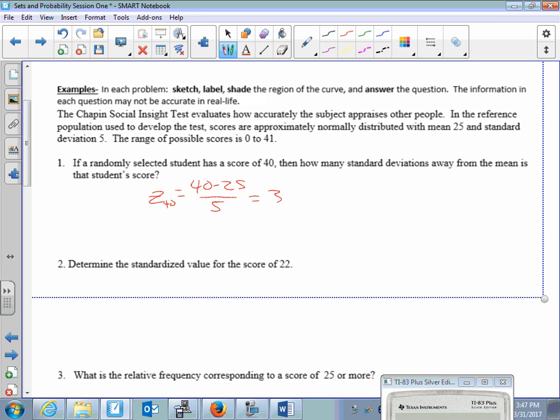So a score of 40 would be 3 standard deviations above the mean. Determine the standardized value for a score of 22. Well, the standardized value for a score of 22 would be 22 minus 25 over 5. 22 minus 25 is negative 3 over 5, so we would get negative 0.6.